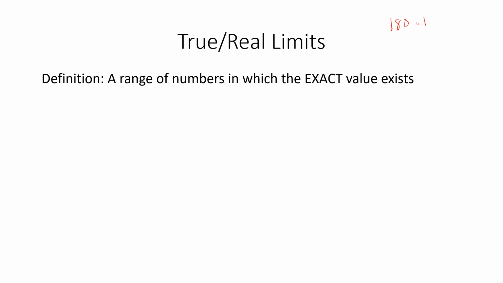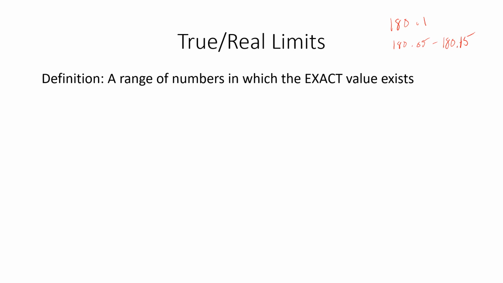You are actually going to be between 180.05 and 180.15. That's the range, or real limits, of the weight you actually are, because you're somewhere in between those. The scale just says 180.1 because that's the level of measurement it can come to.